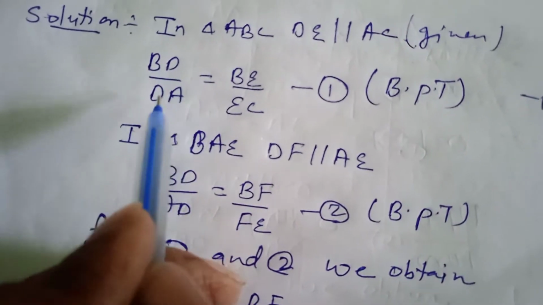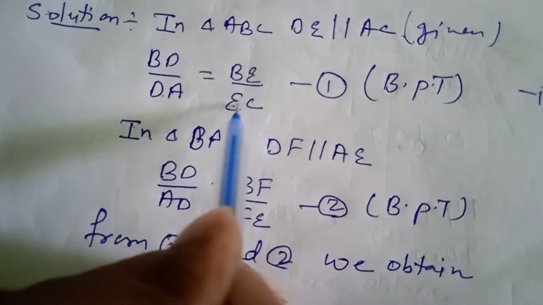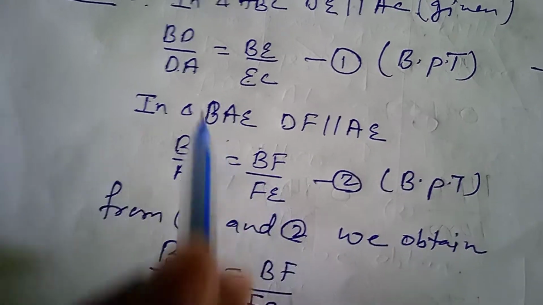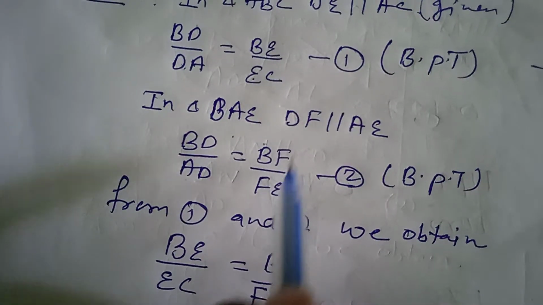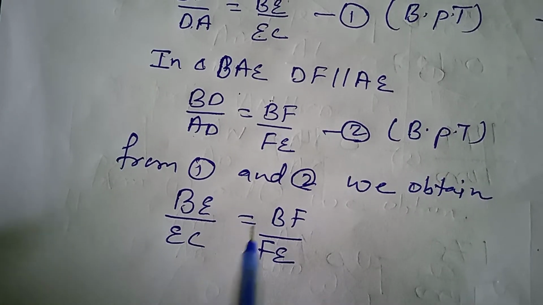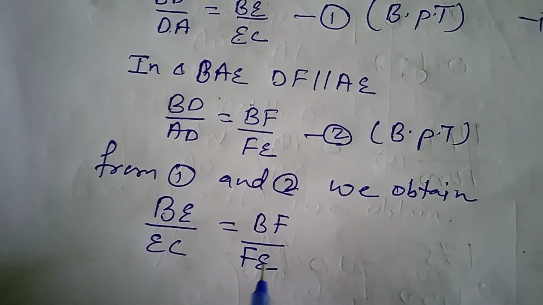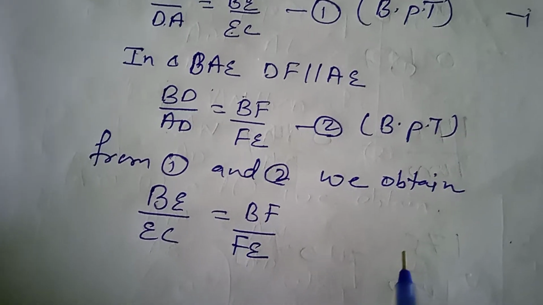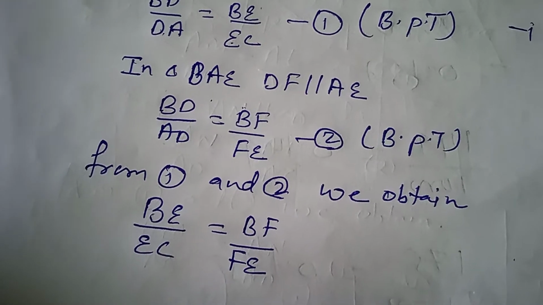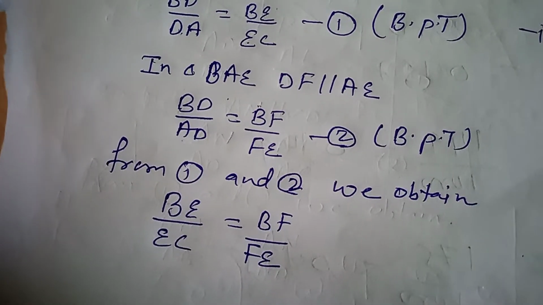From 1 and 2, we can see BD upon AD is equal to BE upon EC and BD upon AD is equal to BF upon FE. So from 1 and 2 we can say BE upon EC is equal to BF upon FE. It is proved using the basic proportionality theorem. Next question we can see.